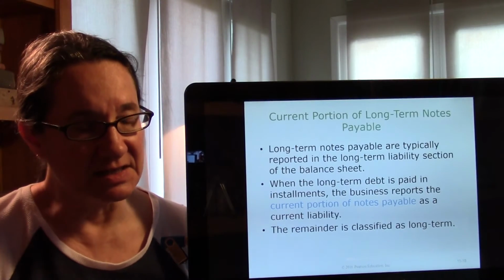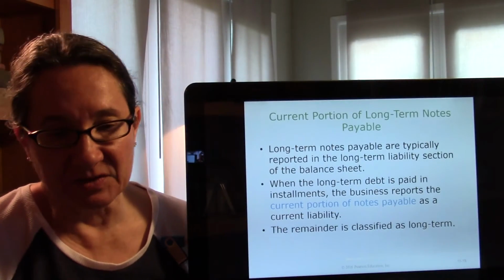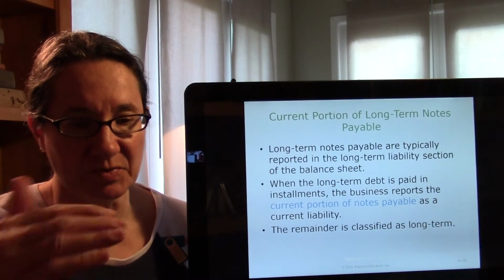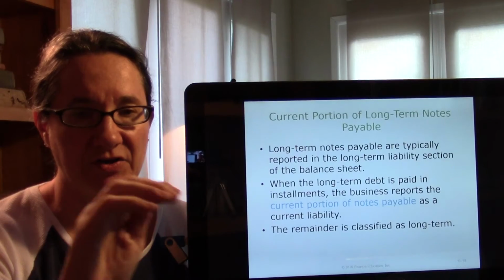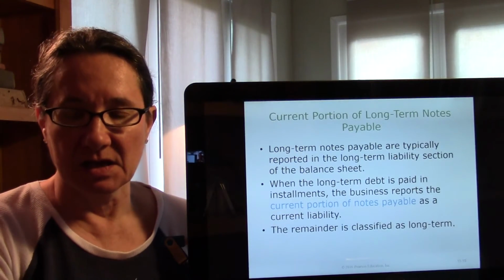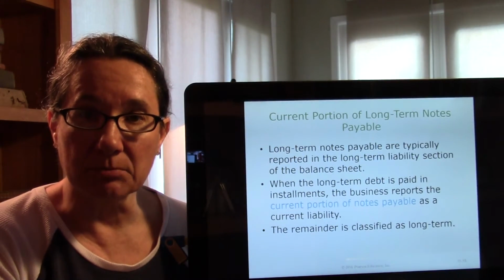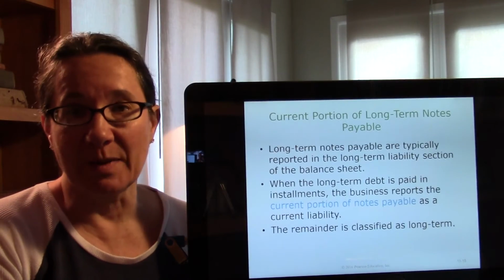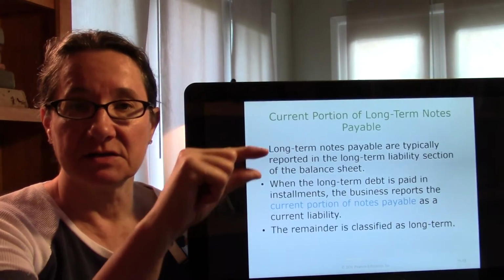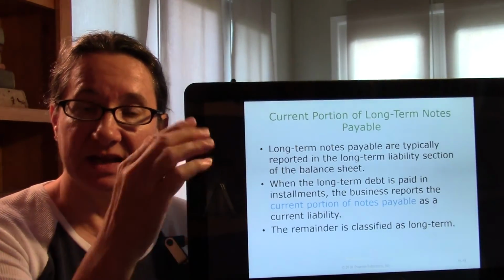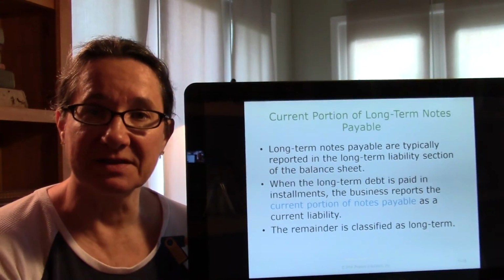So it's pretty easy to think about if you're setting up your balance sheet and you put your accounts payable in the current section, you put your unearned revenue in the current section, and you have a 30-year mortgage. Well, you're paying on it every month. So 1 year goes in the current section, and then 29 years goes in the long-term section.